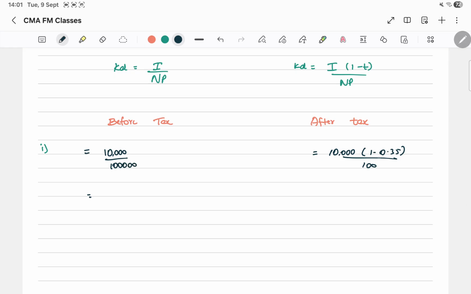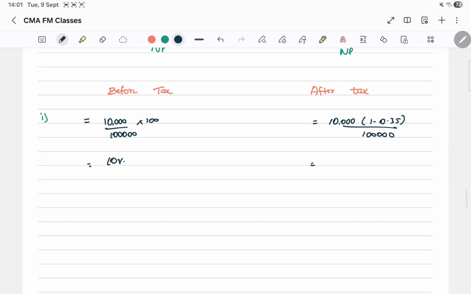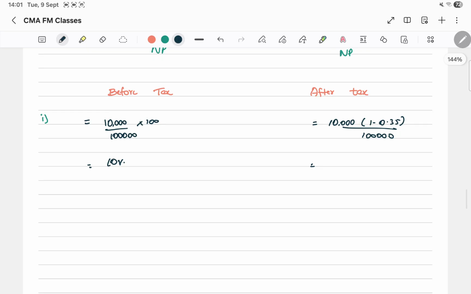So 10,000 divided by 1 lakh into 100, in terms of percentage you will get 10%. And after tax, 10,000 into 1 minus 0.35 divided by 1 lakh, you will get 0.065.